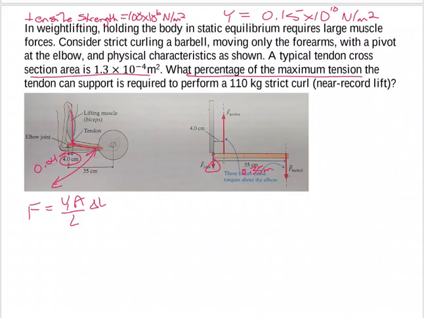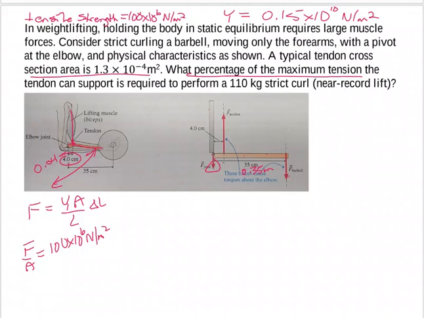So we know that the tensile strength is F over A, right? So I can rewrite this equation. We know that F over A is this 100 times 10 to the 6th newtons per meter squared.